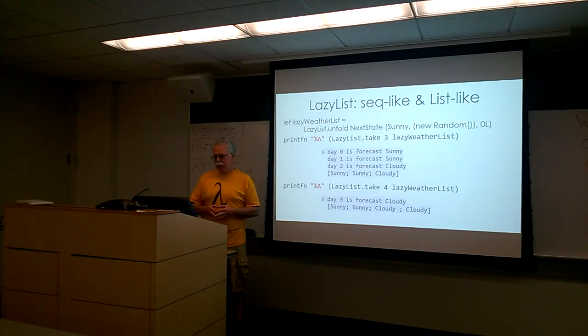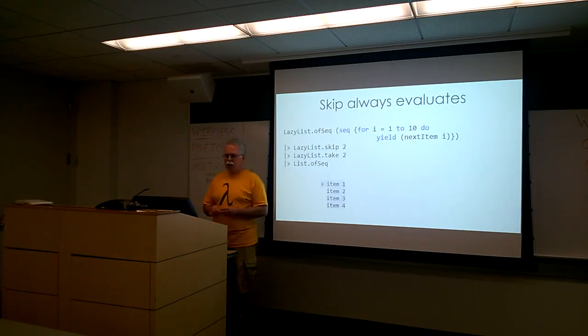So in the case here, we can take the first 3 items from our lazy list, generating it with a lazy weather list, and then later, we decided we really want the first 4 for whatever reason, and the first 3 are always the same as they were the first time.